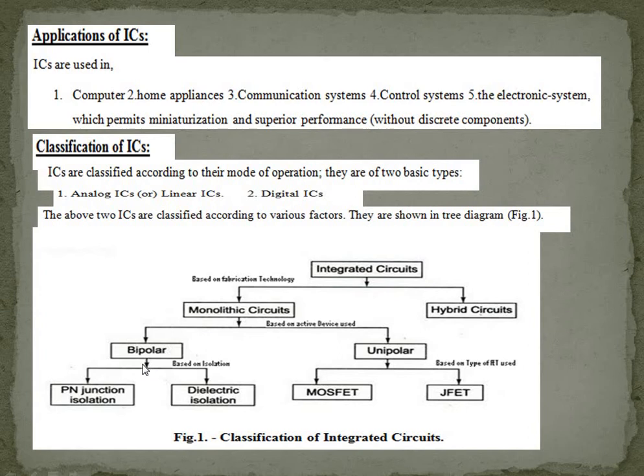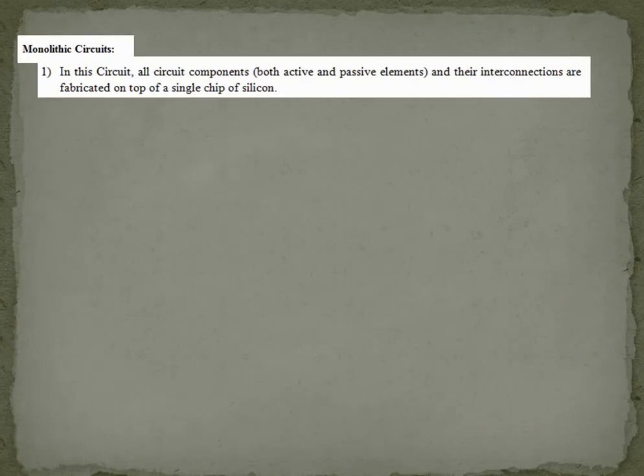The bipolar category is again classified into two categories based on the type of isolation used: p-n junction isolation and dielectric isolation. Similarly, based on the type of FET used, we can classify the unipolar ICs into MOSFET and JFET.